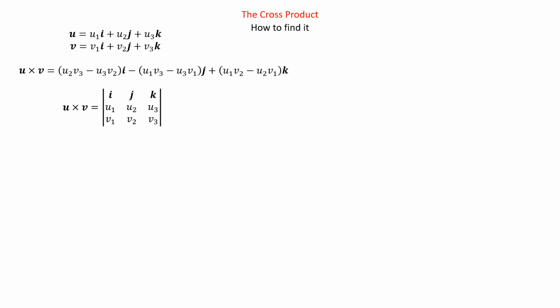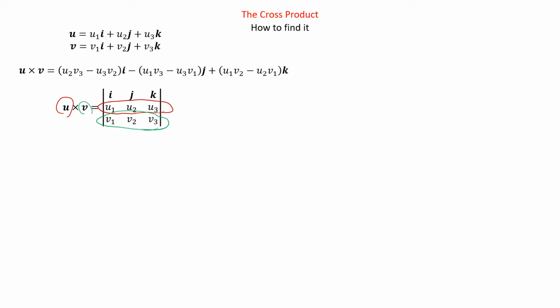And the order is important. We're going to see on another slide or two, u cross v is not the same as v cross u. It's close, but not exact. So it's important that this first one becomes that middle line, and the second one becomes the bottom line.